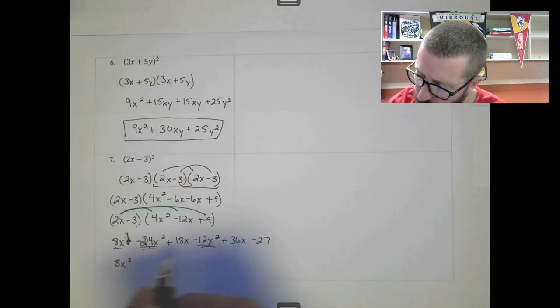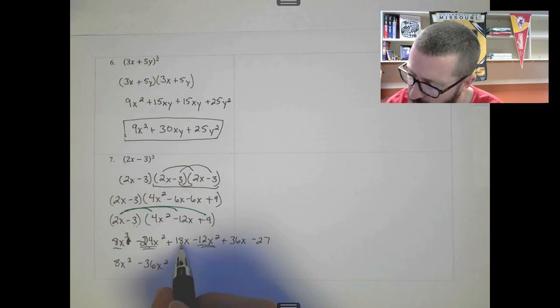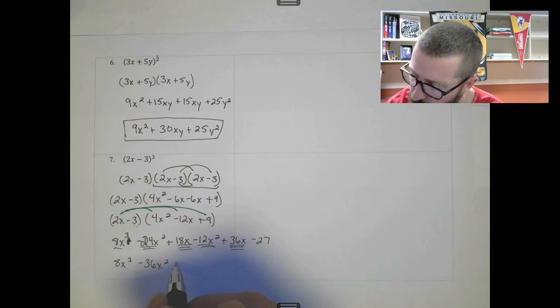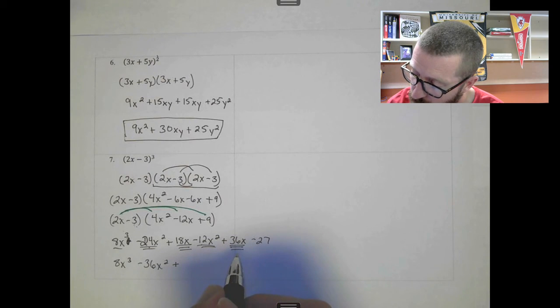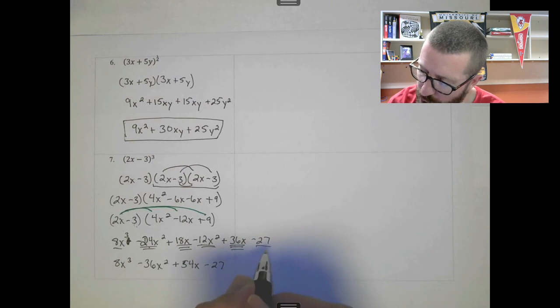That makes negative 36x squared. Then we have 18x plus 36, which would be plus, let's see, 54x. And then we have minus 27 for that constant at the end.